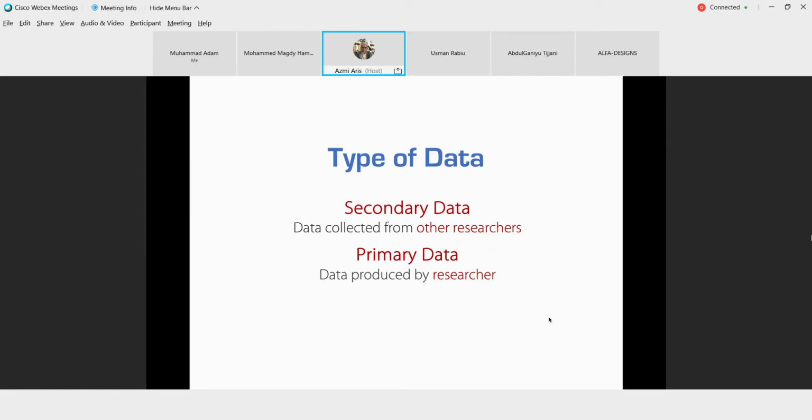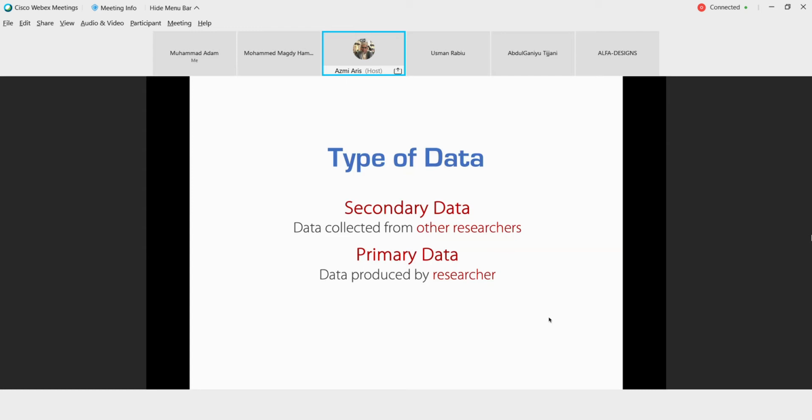So normally they do not have time to collect primary data. So they normally rely on secondary data. Maybe the calibration or the validation of their model depends on the secondary data produced by previous students or previous researchers. That is also allowed.